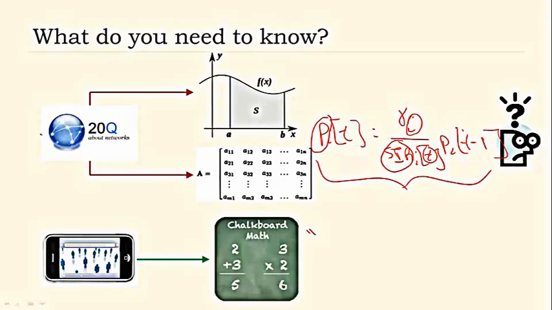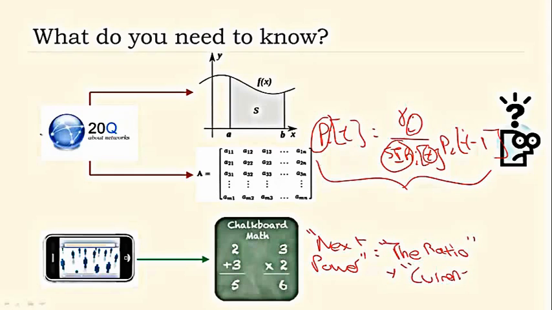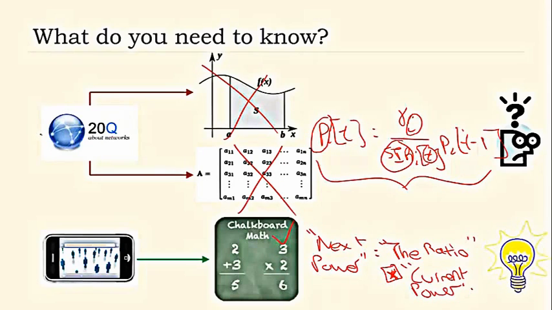So we have here the next power, which your cell phone will transmit at, is equal to this thing called the ratio times the current power. So now all we need to do is multiply these two things, and we'll get the next power. That looks a lot simpler than this equation up here. So we'll be using chalkboard math rather than calculus and linear algebra. And hopefully that makes a lot more sense.